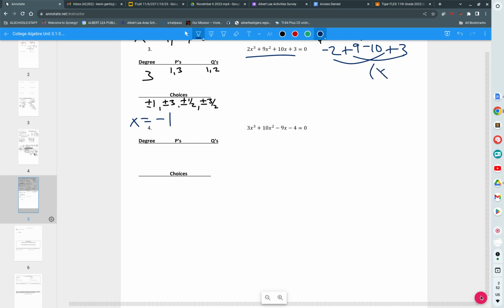That means that x plus 1 is a factor. I want to find the other factors because, like Alex said, everything factors. I drop the 2, and I multiply, I get -2. I add, and I get 7. Multiply, I get -7. Add, I get 3. Multiply, I get -3. Add, and I get 0.